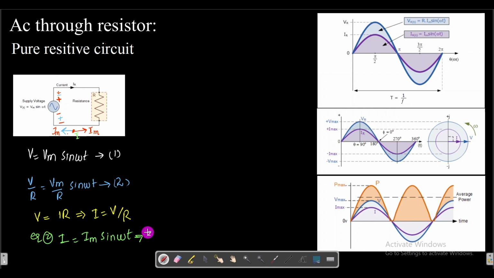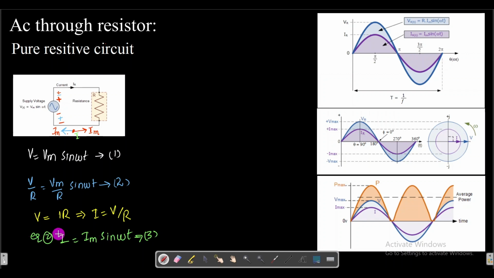Now we have two equations. If we compare equation 1 and equation 2, equation 1 is the supply alternating voltage, which is a sine function, and similarly the alternating current is also a sine function.